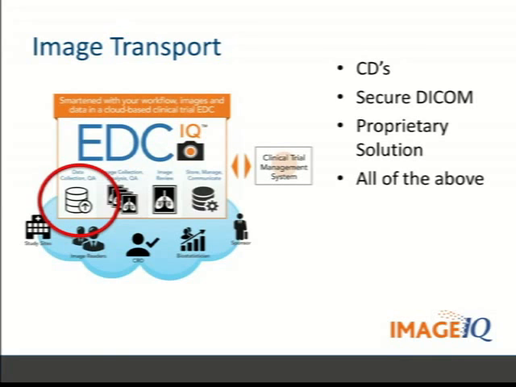But the first part of any image-enabled experience is getting the images transported from the site to where they need to be. It might be a central reading core lab, or it might be where your radiology or other teams are. You guys are using a really good solution, AgMedNet, that we've integrated with.